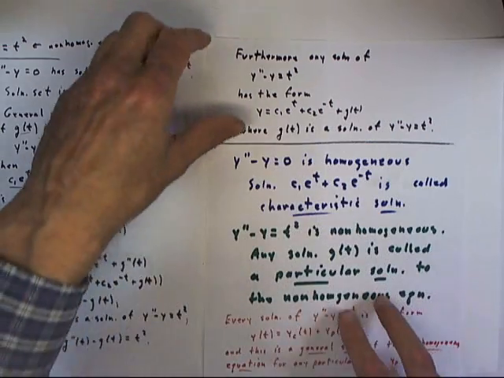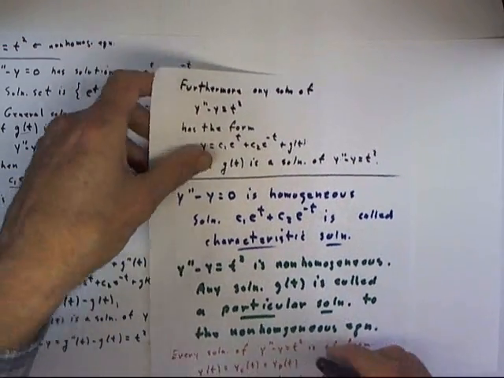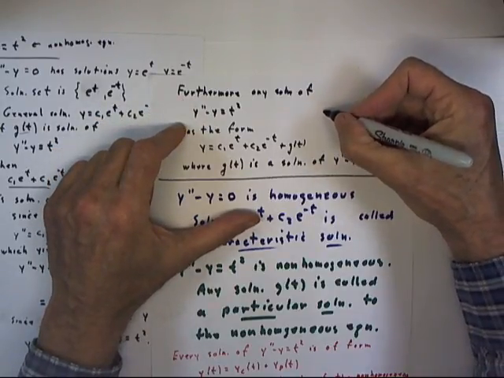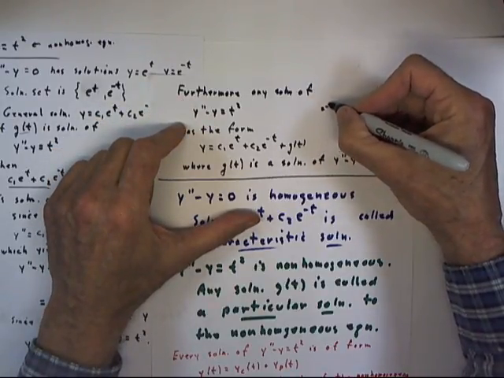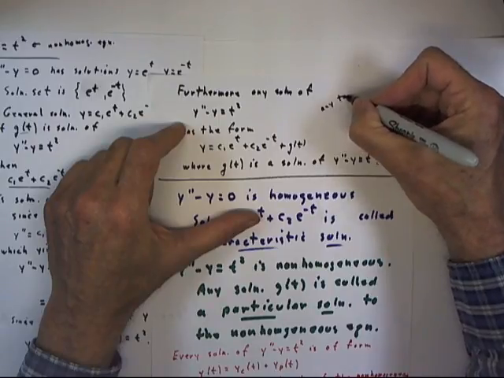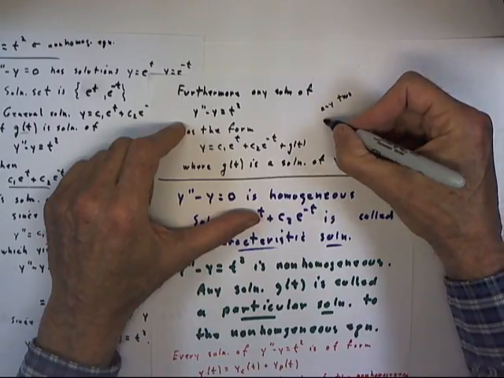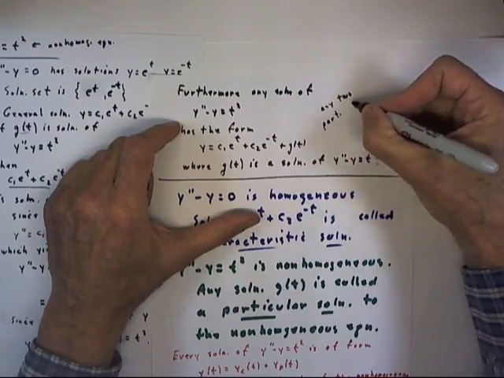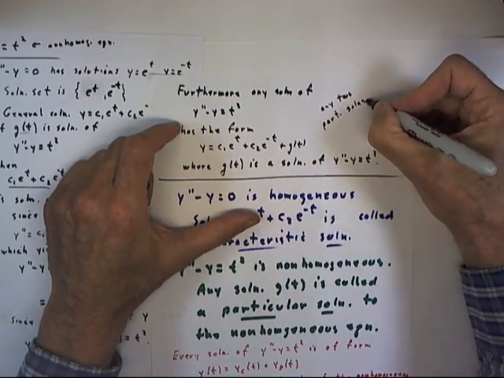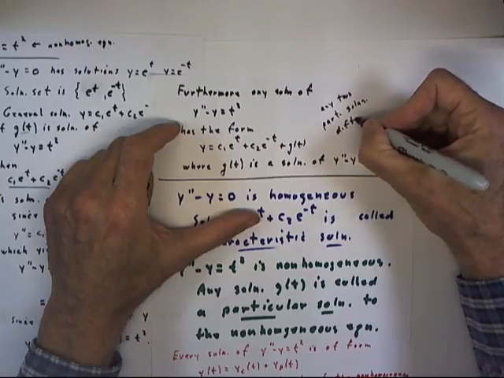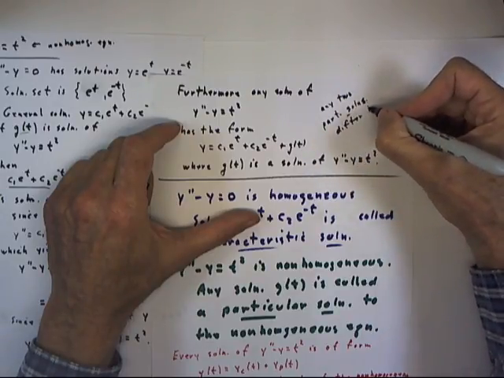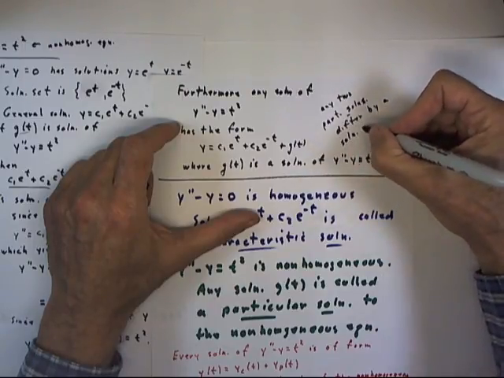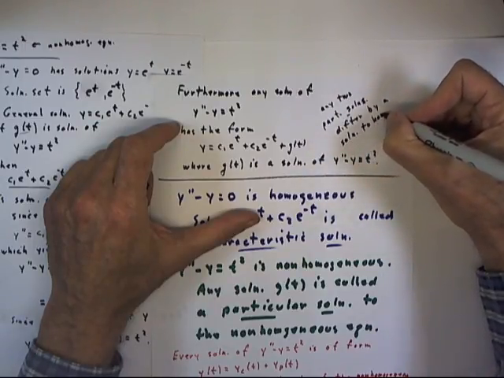I'm going to let you work through the details of why that's so, but I will repeat a statement I made earlier: any two particular solutions differ by a solution to the homogeneous equation.